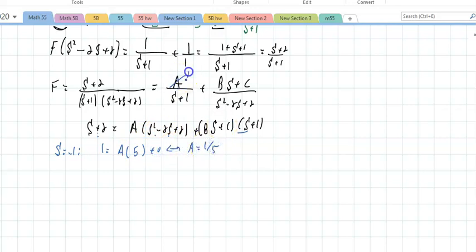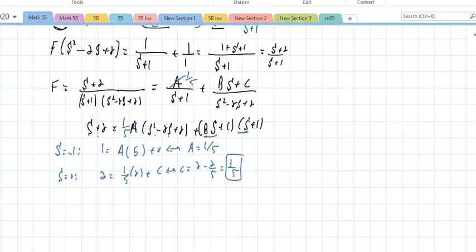You could use the book's method or wherever you learned. If I let s equal 0, I will get 2 equal 1/5 times 2 plus a 0 there and a 0 there, C. So I can get C to equal 2 minus 2/5, which is 8/5.